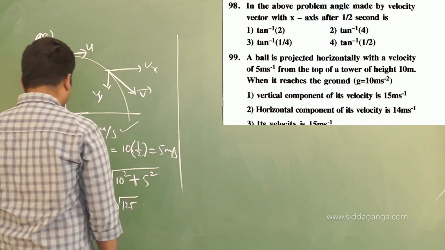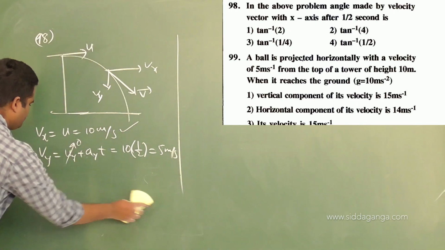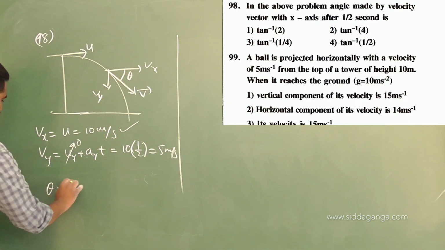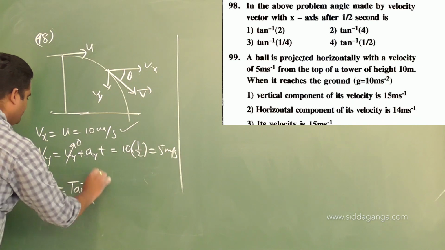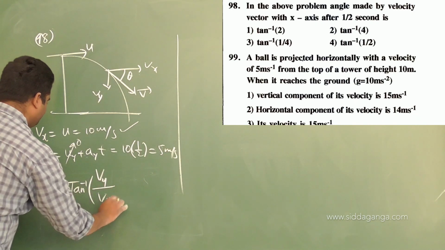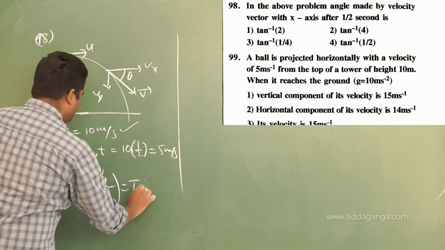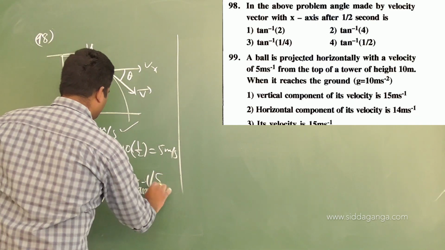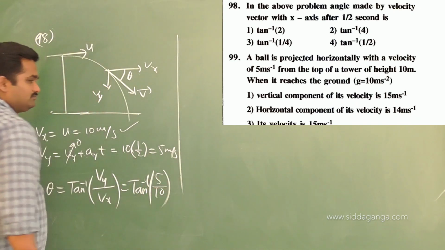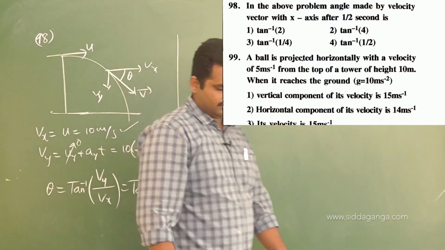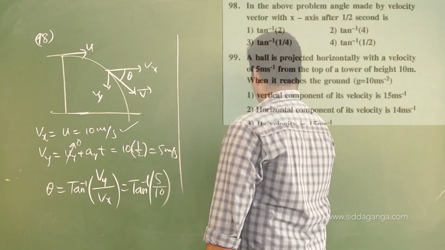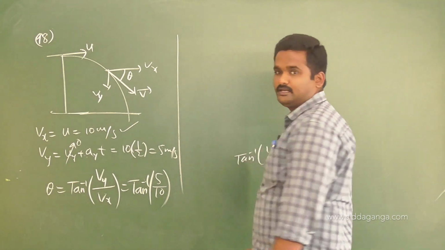Let it be. They are asking for the angle theta, which equals tan inverse of Vy by Vx, that is tan inverse of 5 by 10, 1 by 2. The fourth option, tan inverse of 1 by 2, is the answer here.